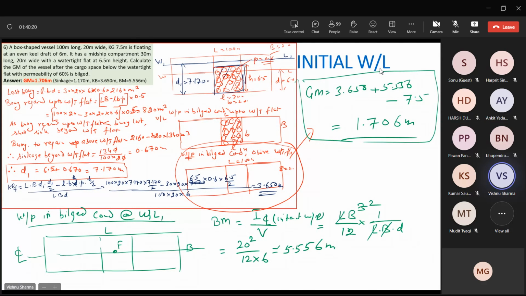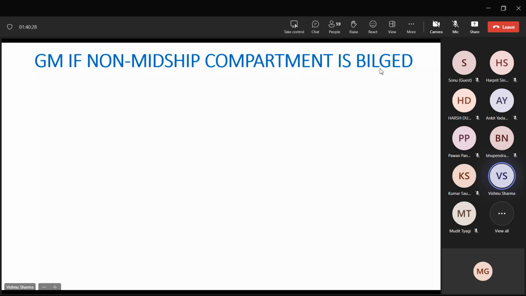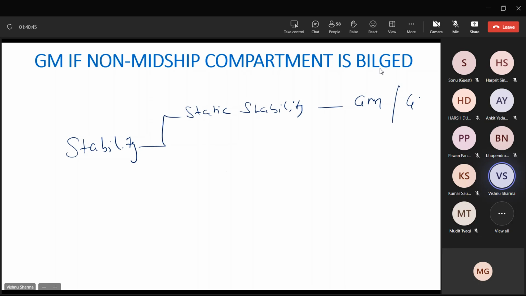Now please understand, your ship stability has three distinct components. One is called the static stability. What is the measure of static stability? GM or GZ are the measures of statical stability of the vessel.